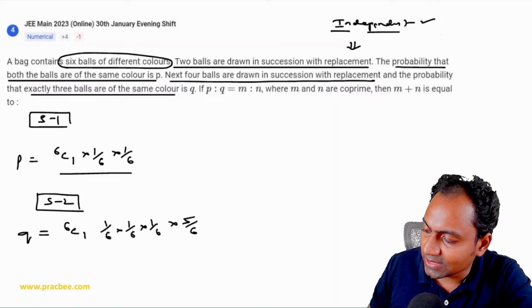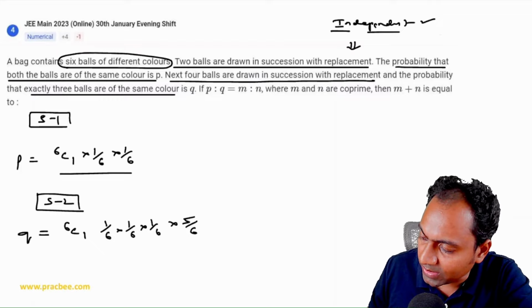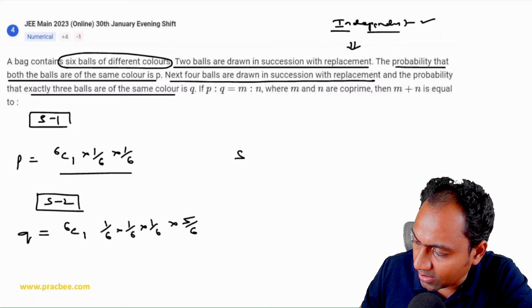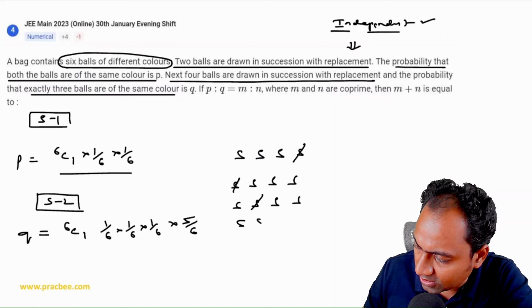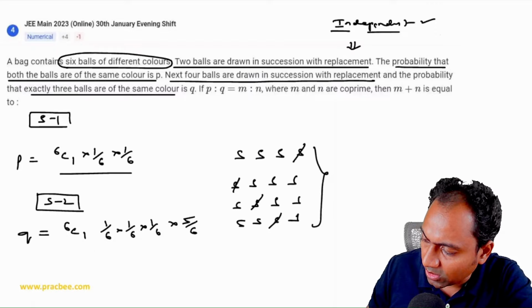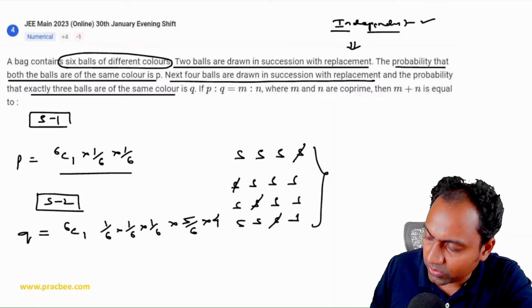Now this is one scenario, same and not same. It can be further arranged in 4 different ways. This not same can come at the first place, at the second place, and at the third place as well. So there are 4 cases of a similar type, so we can multiply by 4 and get the answer.